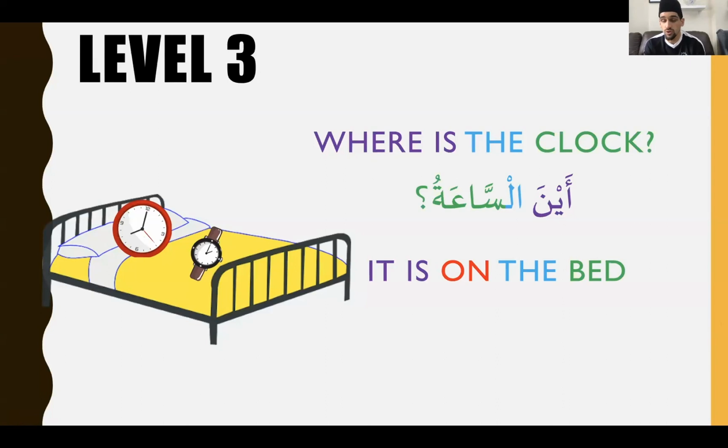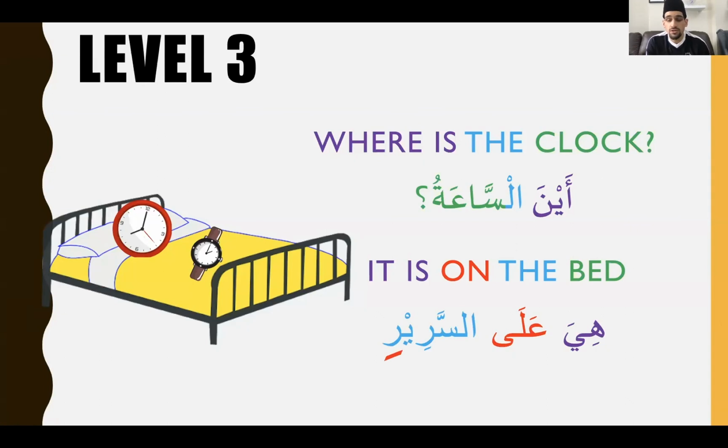Before, I told you huwa means "it is" for masculine. And here the word for watch or clock is feminine. So we learned already how to address Maryam, which was hiya. So here again, because this word as-sa'atu is a feminine word, we would use hiya. Hiya ala sariri.